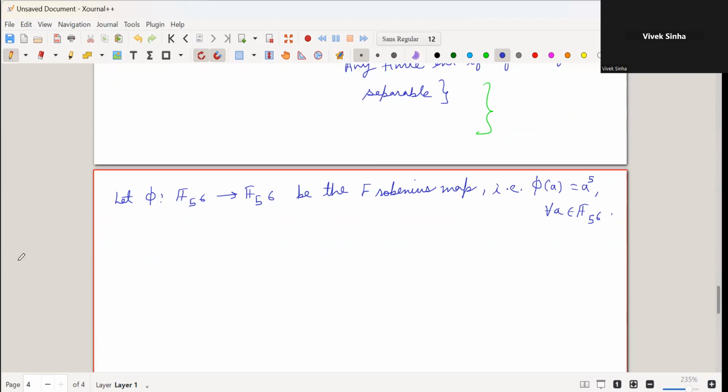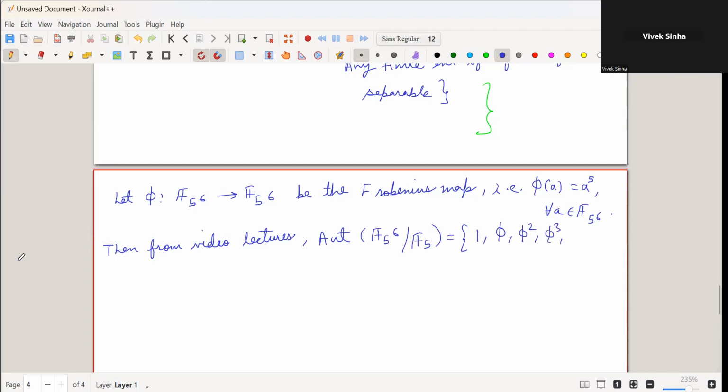Then, from the video lectures, the automorphism group of F56 over F5 is nothing but the group generated by this phi: phi, phi square, phi cube, phi 4, and then phi 5.